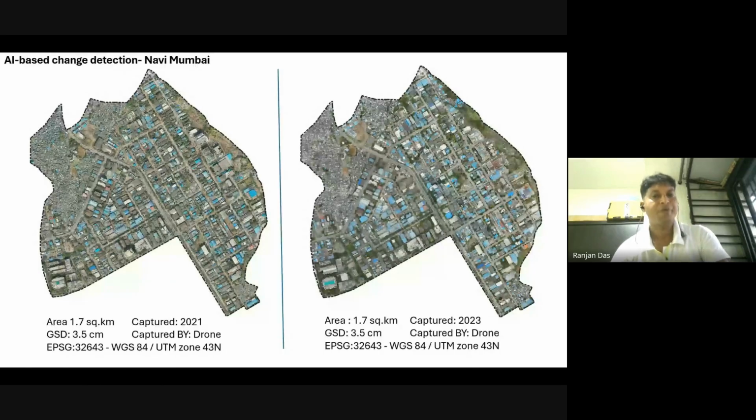Our intention is to find out what changes happened within these years. Can it be automatically detected? Can it be automatically extracted? Can we figure out how much area it is?